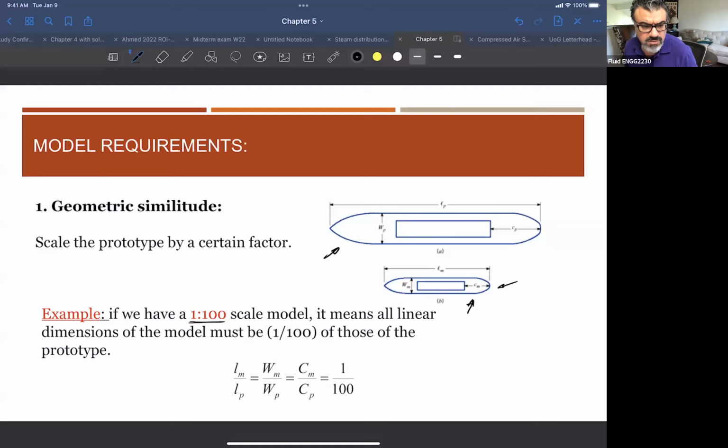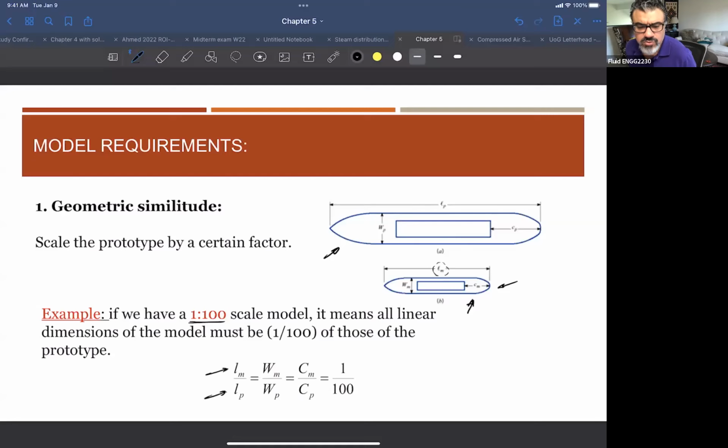So the first thing, in order to say that we have some kind of similarity between the model and the full scale prototype, is basically a geometrical scale. Okay, so for example here, this L in the model divided by L in the prototype will be, let's say, for example, 1/100.